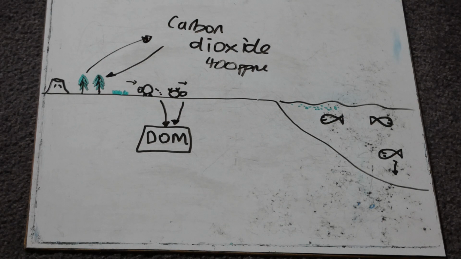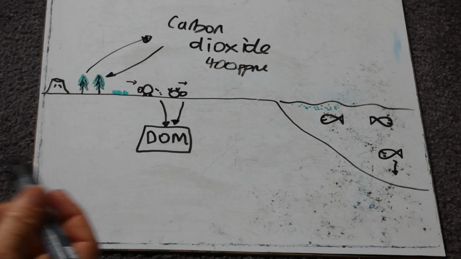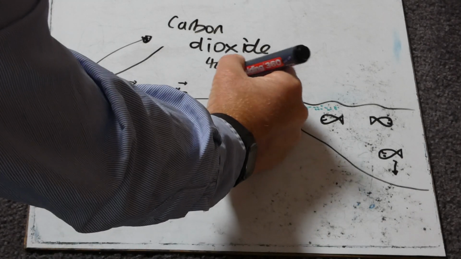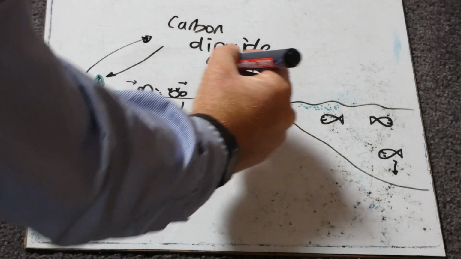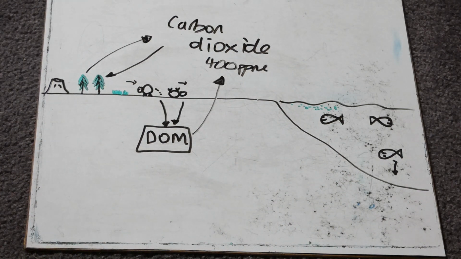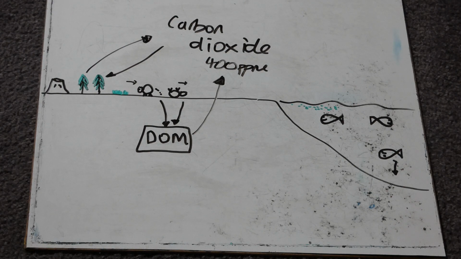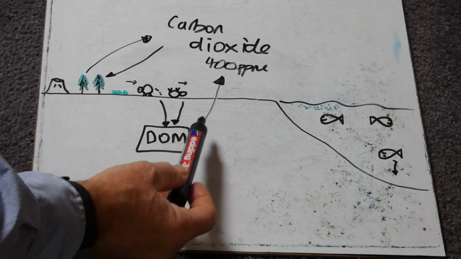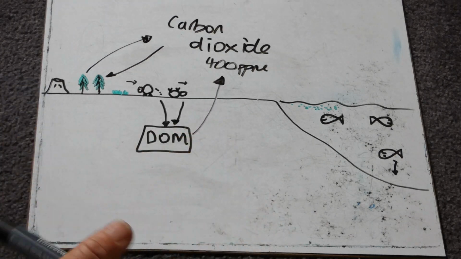Now what happens to that dead organic matter? Well, if it's aerobically decomposed by decomposers, detritivores, if that's aerobically done, that will release carbon dioxide back to the atmosphere. So you could label along this arrow aerobic decomposition, and that would be returning CO2 to the atmosphere.